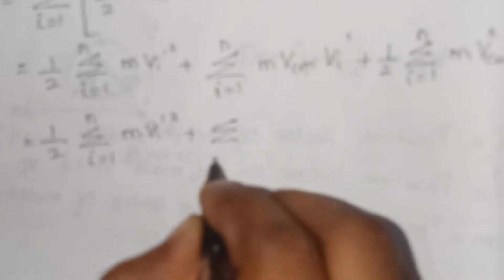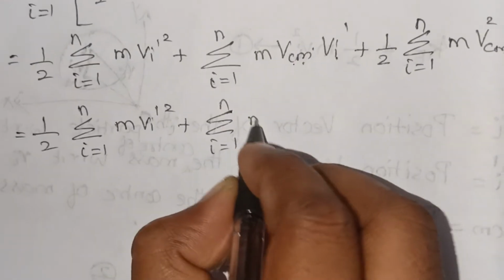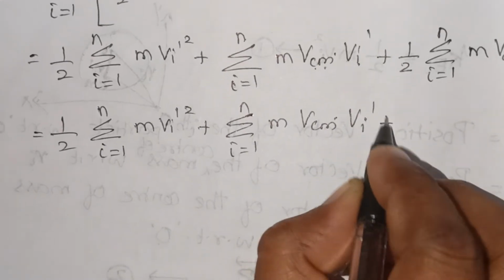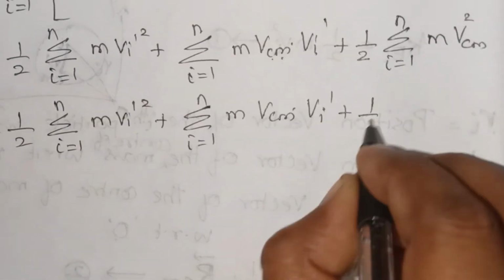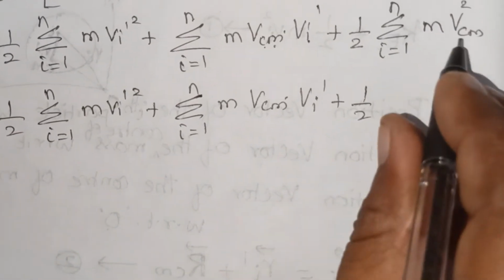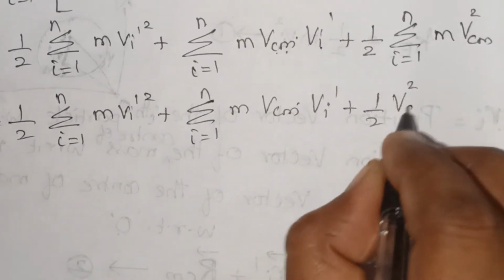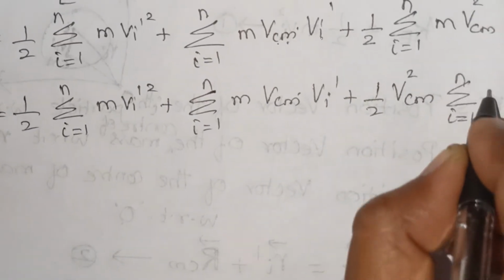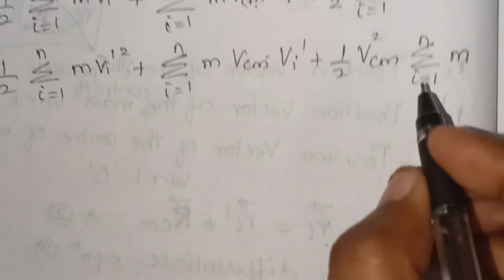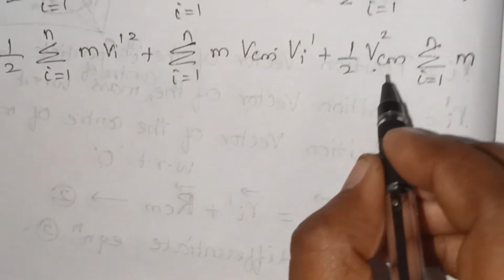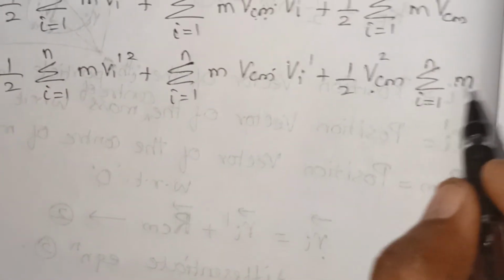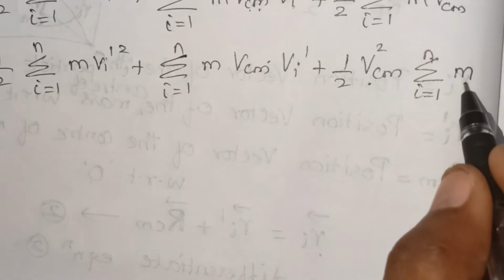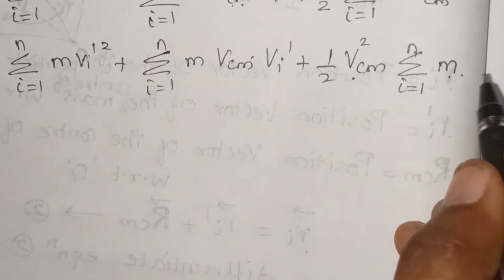So this is summation i is equal to 1 to n m Vcm into Vi dash plus here it is 1 by 2. Take the V squared cm out, V squared cm summation of i is equal to 1 to n m. Here, we have said the velocity with respect to the center of mass. So when we say i is equal to 1 to n, this is m1 plus m2 plus m3 and m4.